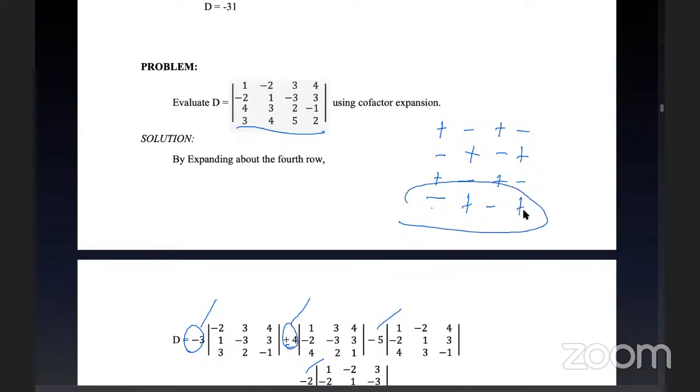Ito yung ating row 4. Minus ulit. And then, 2. So dapat plus 2 yan dito. Minus, plus, minus. Okay, so that is how you do cofactor expansion.